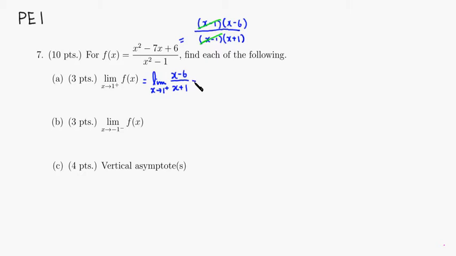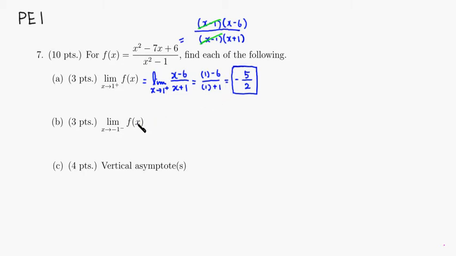Let's just plug in: 1 minus 6 over 1 plus 1 gives you negative 5 over 2. So that's the limit.